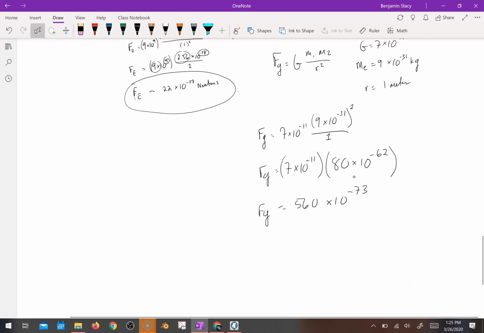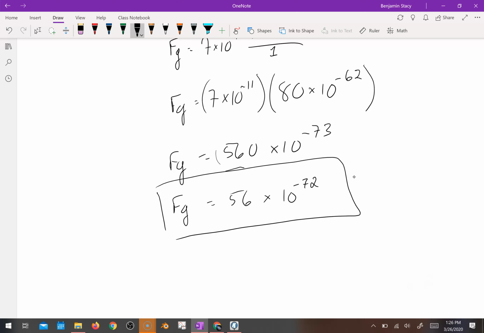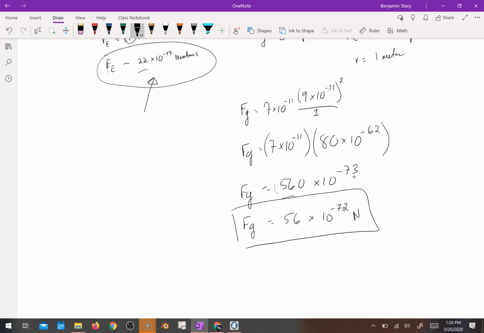Let's change this so we have agreeing order of magnitude. So I got 56. If I divide my prefix by 10, I have to multiply my exponent by 10. So if I multiply this by 10, then I'll have times 10 to the minus 72. And that's in newtons. The gravitational force between two electrons is about 56 times 10 to the minus 72 newtons, and the electrostatic force between the two electrons is going to be 22 times 10 to the minus 27.